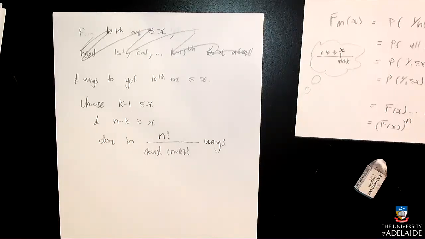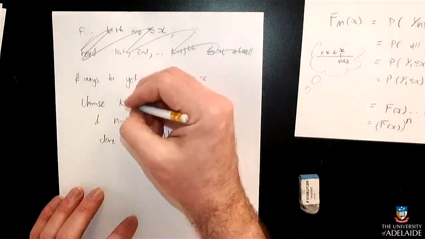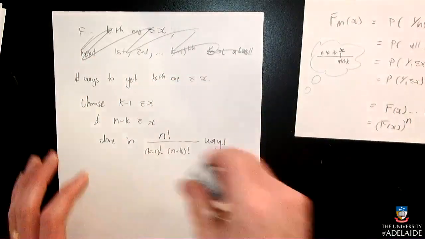I guess you need to choose k to be less than or equal to x technically, because it's the kth one that has to be. No, I think it'll be okay.